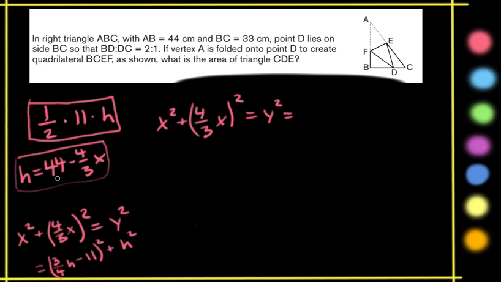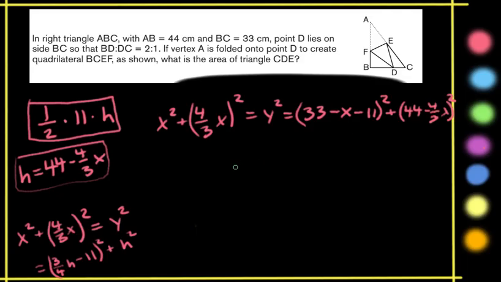So 3/4 of h will be 33 minus x, minus 11, quantity squared, plus h squared. And I don't want h to be in there, so I'm going to replace it with this x here. So plus 44 minus 4/3 x squared.